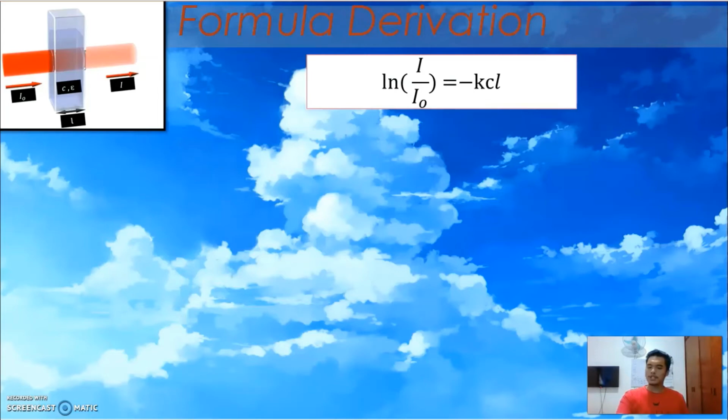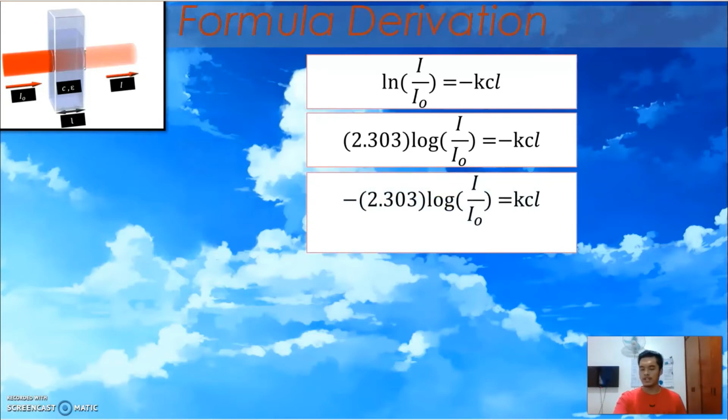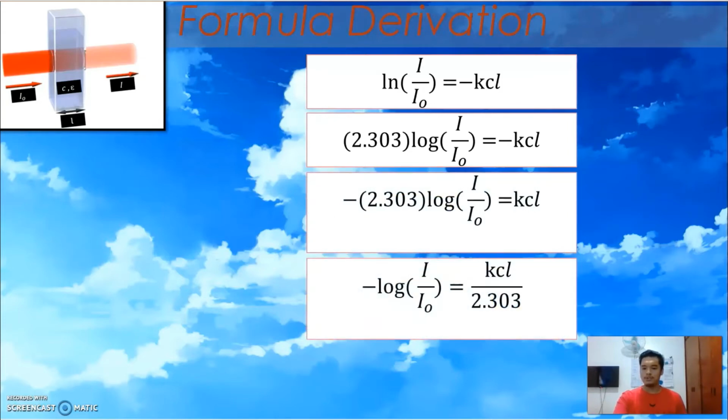When we have this expression, we can further simplify it to our advantage. Why? Let's put the negative sign of the KCL on the left, and change the natural log into base log 10 by factoring 2.303, putting the negative sign on the left side, then putting the 2.303 on the right side through division.